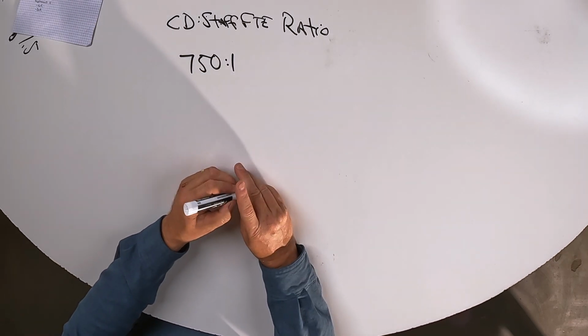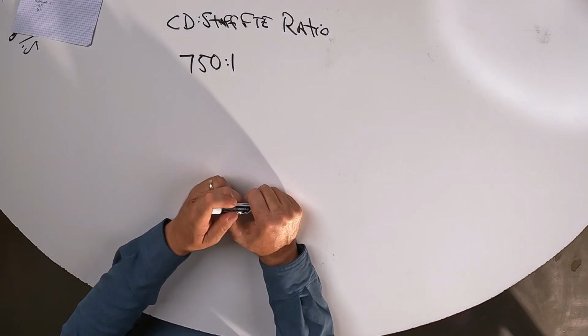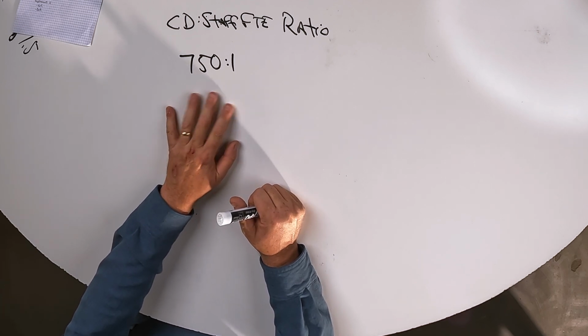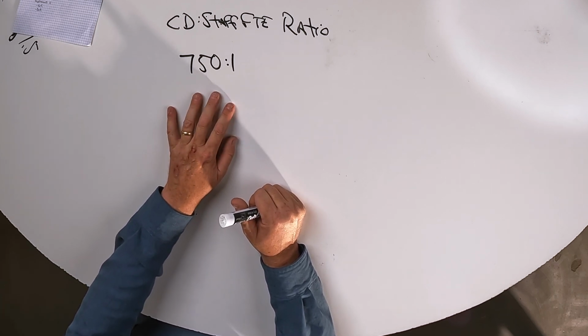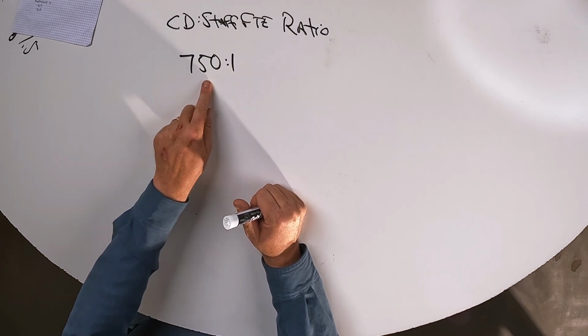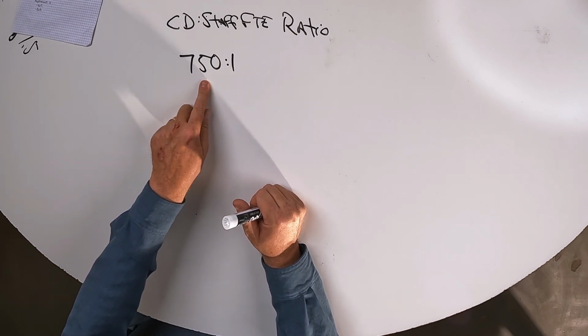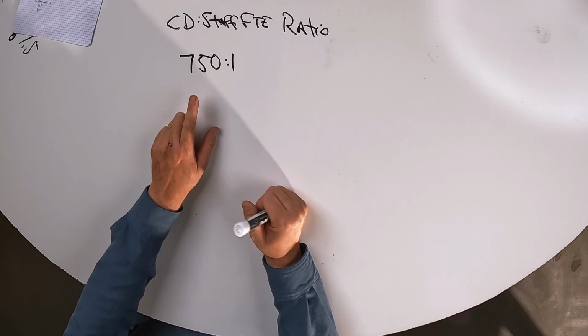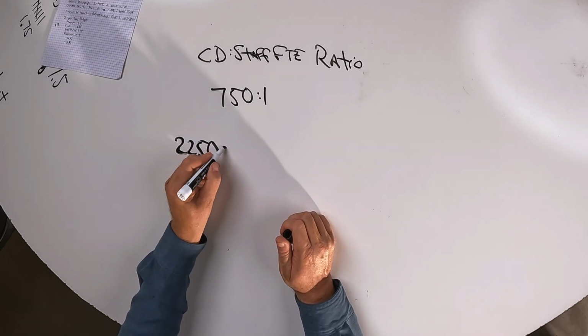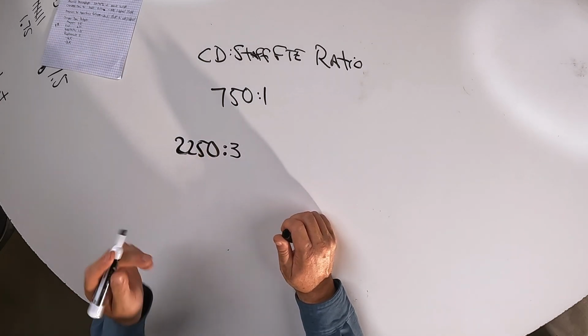Now that is a low ratio. Most folks are going to be somewhere between 1,000 and 1,500 to 1. What exactly does that mean? That means for every 1 staff member that I have, 750 camper days apply to that. So in other words, if I had a total number of, say, 2,250 camper days, that means that I should have a staff number of 3.